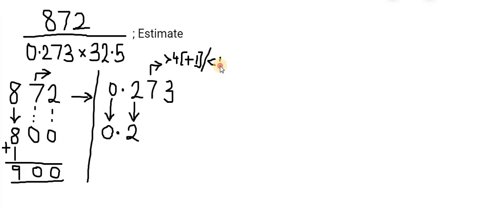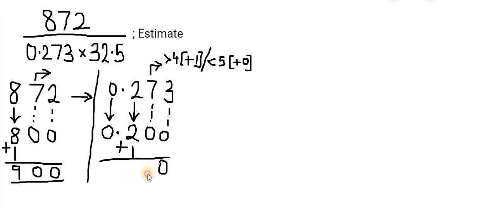Less than 5, add 0 to the previous number. In this case 7 is greater than 4, so we add 1 to the previous number and we convert the remaining numbers to zeros. So that would just be 0, 0, 2 plus 1, that's 3. Bring our point down, and so that's 0.3.